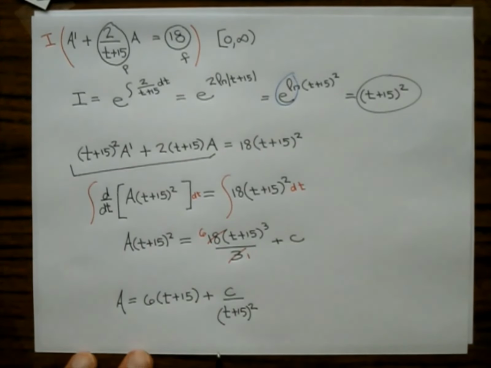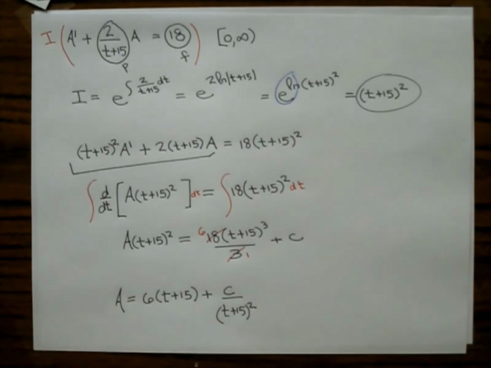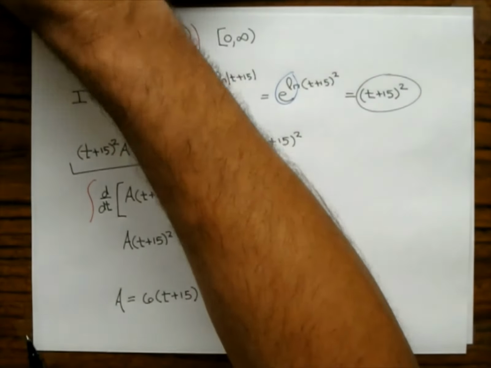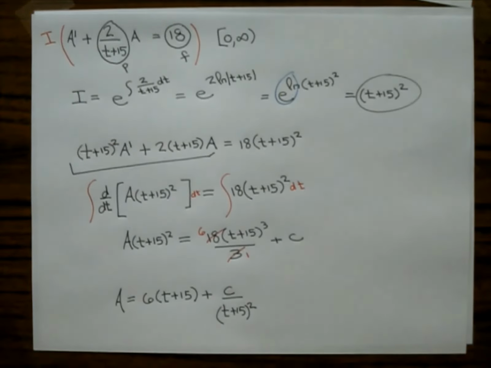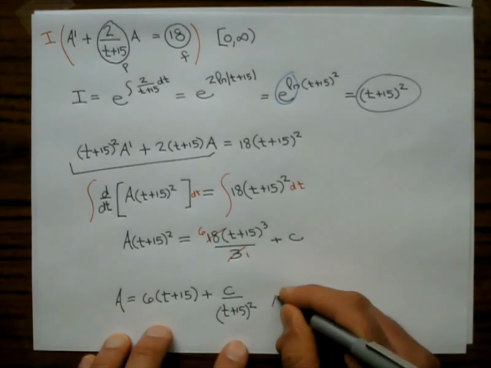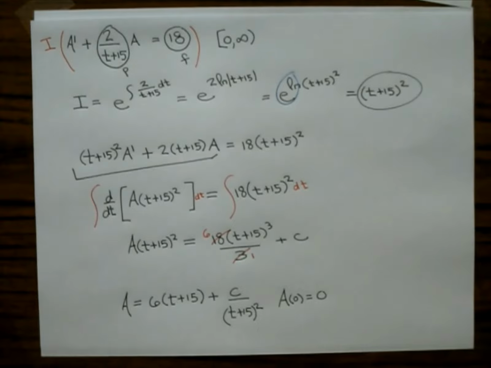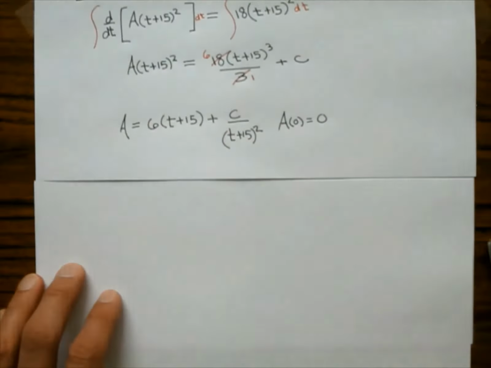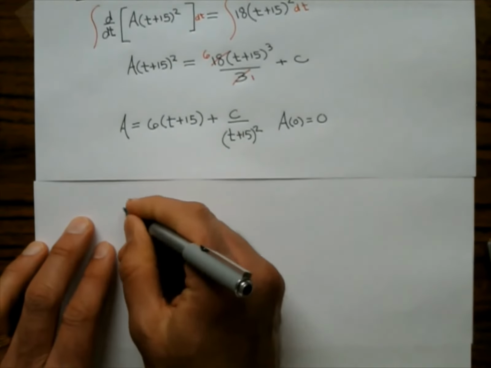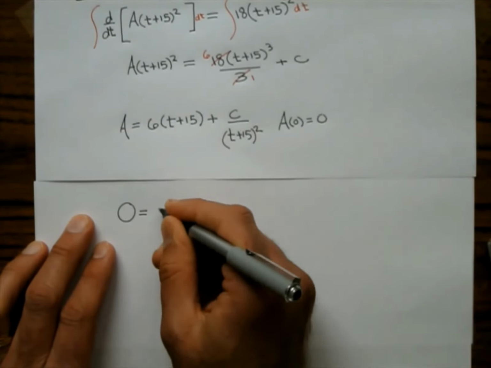I wish I were done finding the amount function, but I'm not done because I need to find out what c is. To find out what c is, I have to use the initial condition that we wrote at the beginning, A of 0 equals 0. So moving on to another piece of paper here. A is 0 and t is 0, so that's what I'm doing to find out what c is.